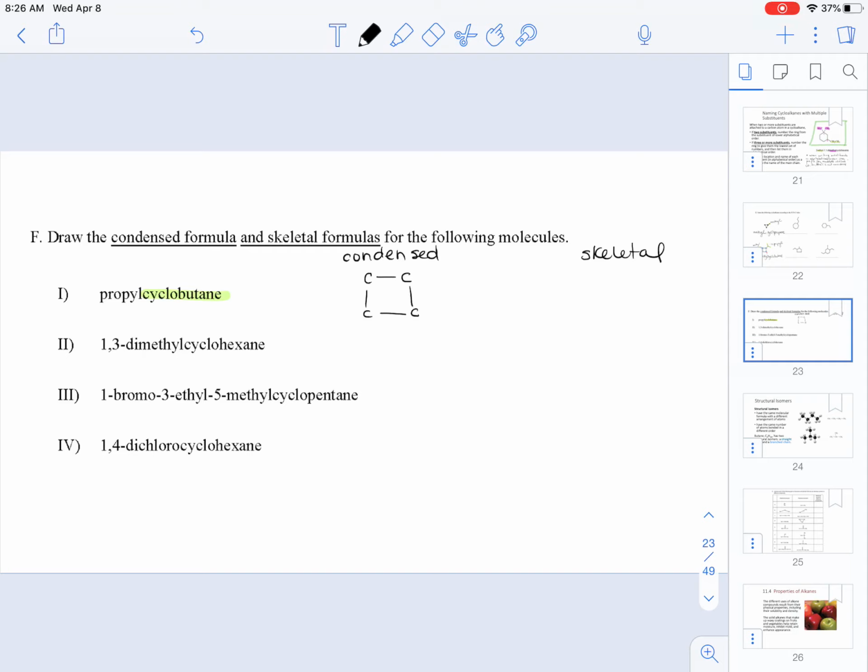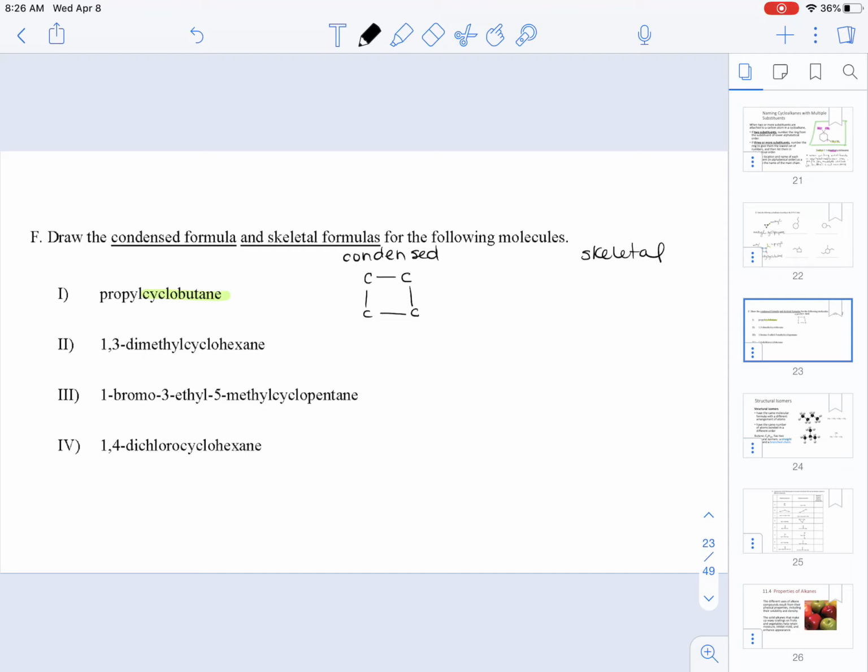in a square. Okay? Now, here we're going to have a propyl group attached to this, which means that I'm going to be attaching a CH2 to a CH2 to a CH3. It doesn't matter which carbon I select, because since we have only one substituent, you can select any of the carbons in that cyclobutane.